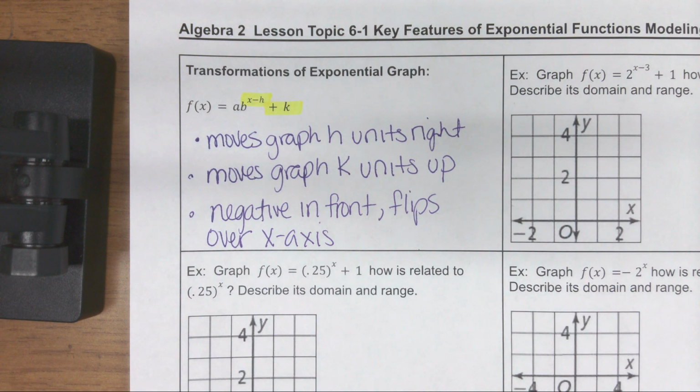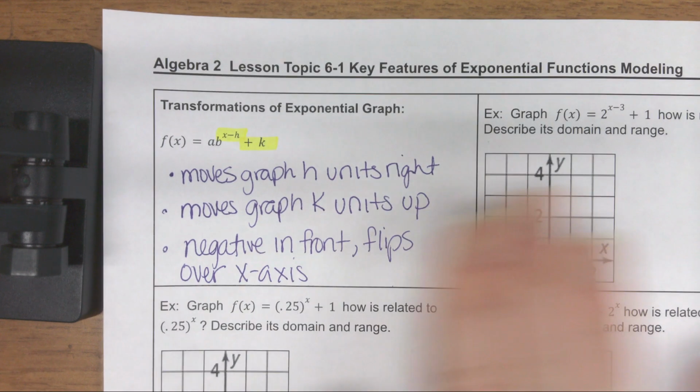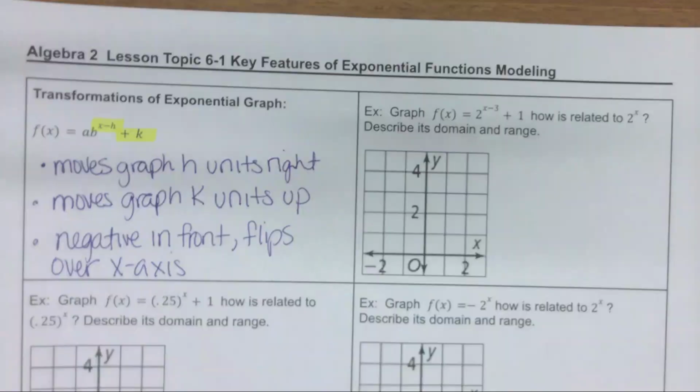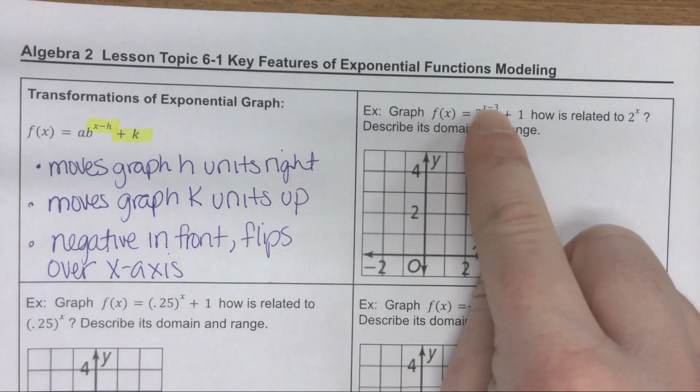So really what I want to focus on is showing you how you could use, instead of just tabling, the idea of transformations to sketch a graph. So let's take a look at our first example. I ask you to graph 2 to the x minus 3 plus 1.